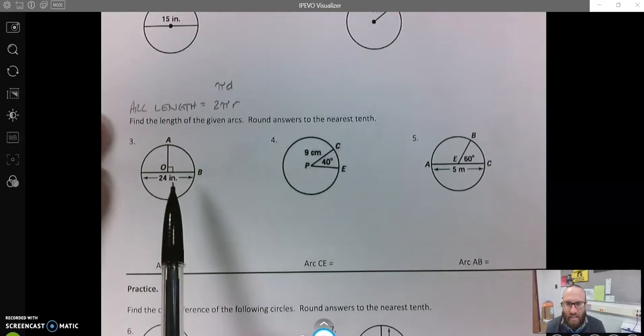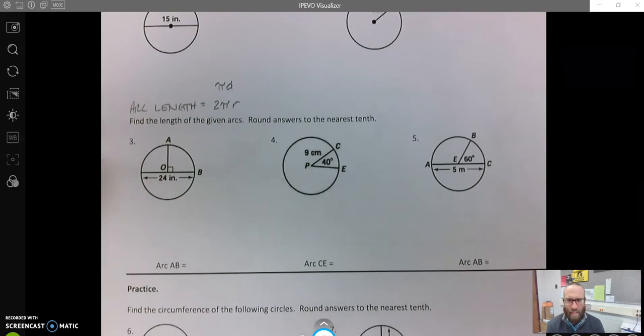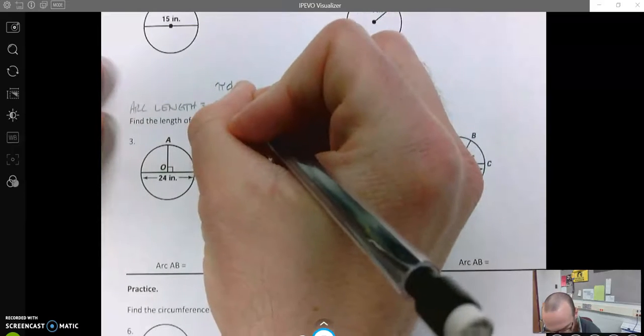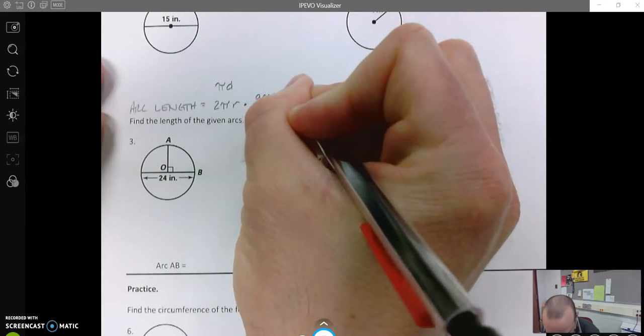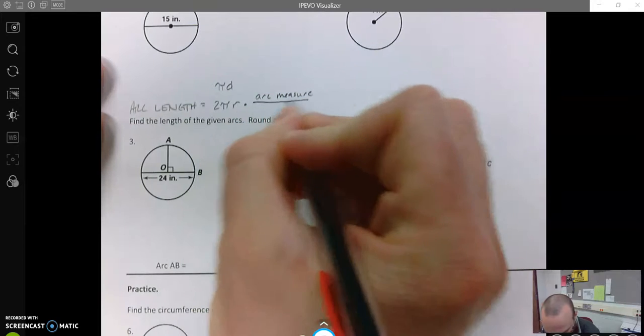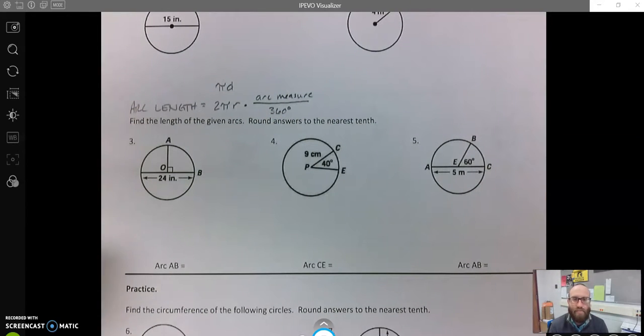And I include that because I do see a couple problems where the diameter is given. That'll make it a little bit easier. Times the arc measure in degrees over 360, and it's that ratio.